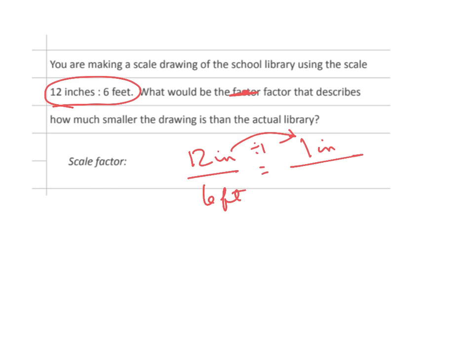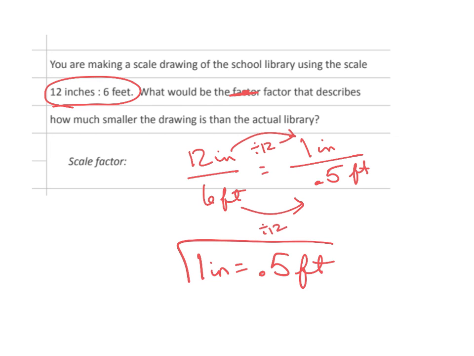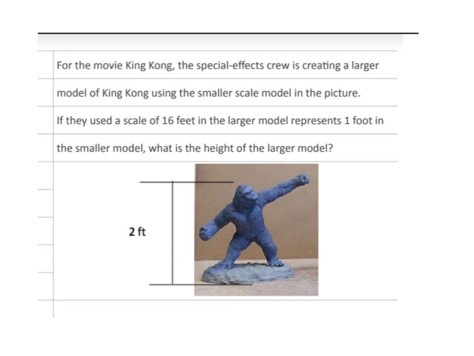That means we're going to divide by 12 up here. We're going to divide by 12 down there. Now be careful. It's 6 divided by 12, not 12 divided by 6. So that's only a half a foot. So 1 inch equals a half a foot. And there is the scale factor that we would tell you to write.